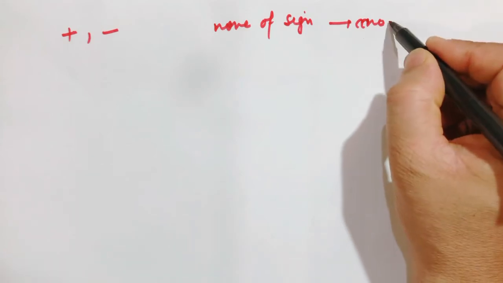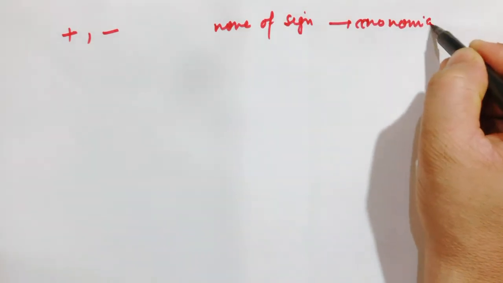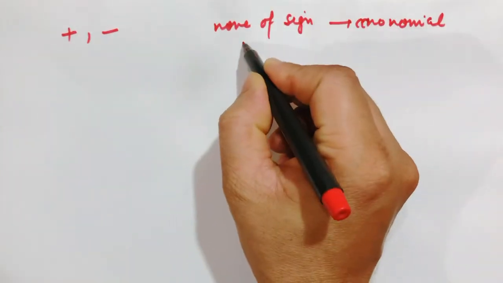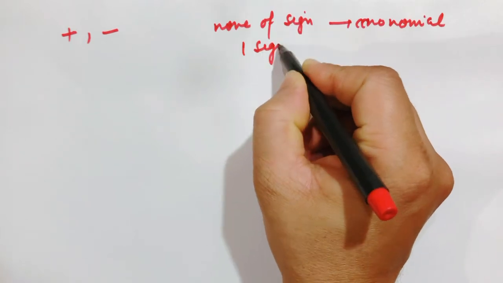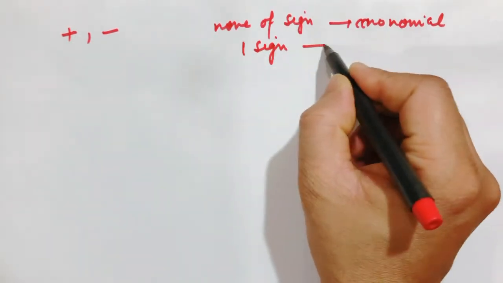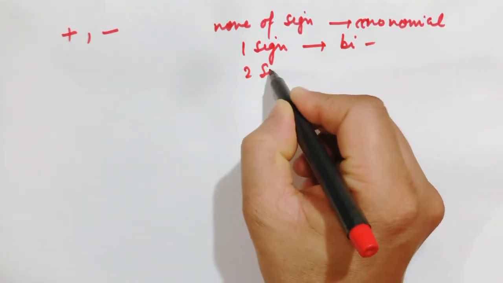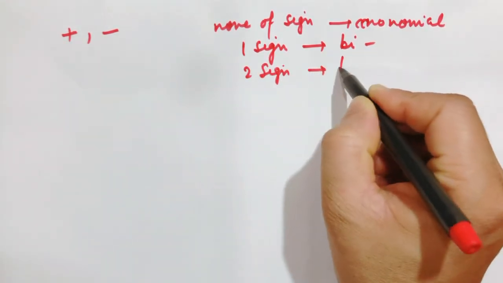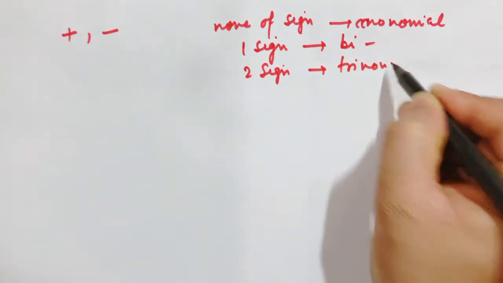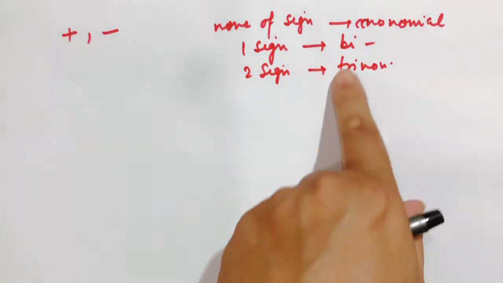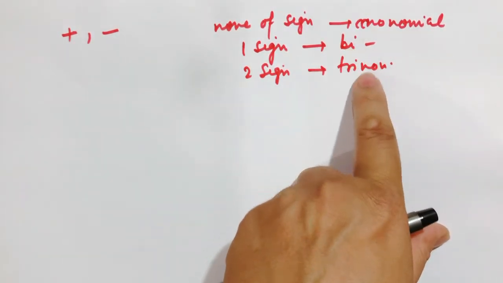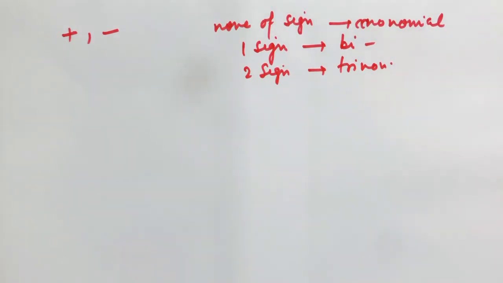If it has one sign, either plus or minus, it becomes a binomial. And if it has two signs, it becomes a trinomial. If it is a binomial or trinomial, that can also be called a polynomial.